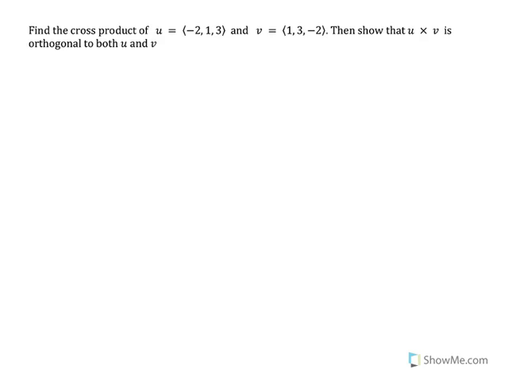Okay, so first, to arrange them into a determinant, I should write u cross v. Of course, the arrangement matters. The one that comes first is different if it's flipped, so it would be written like this. You have i, j, k, and I'm going to write u in green: minus 2, 1, 3, and in yellow I'm going to write v: 1, 3, minus 2.